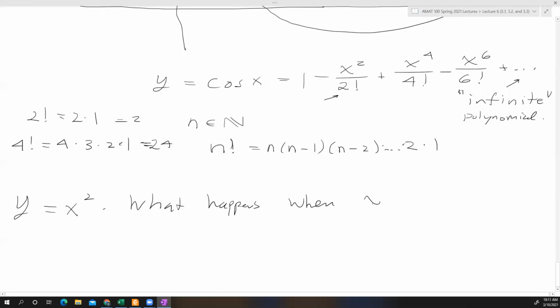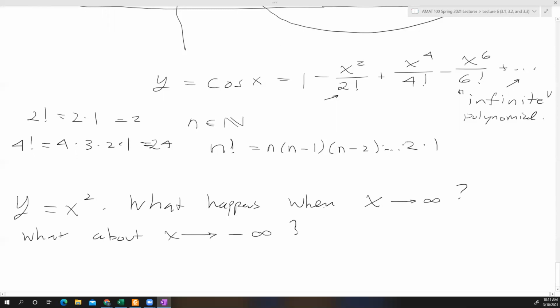As I'm writing this down, I'm telling you how to read and interpret it. So what happens when x approaches or goes to infinity? Or what about when x approaches negative infinity?